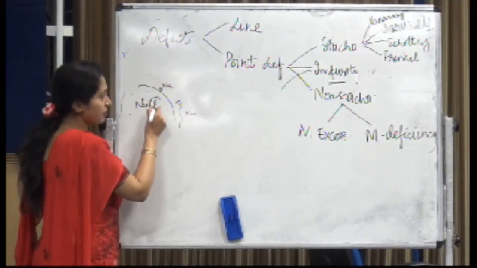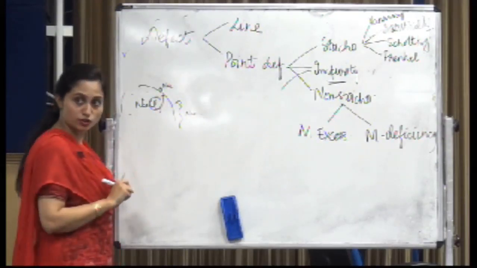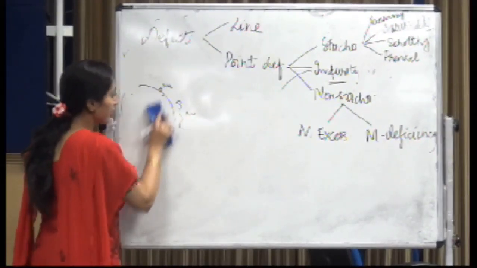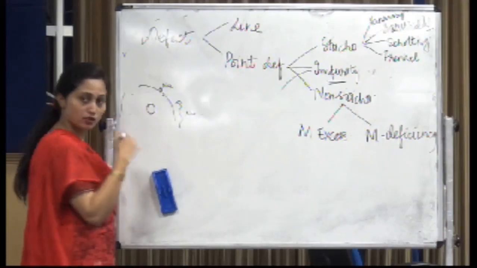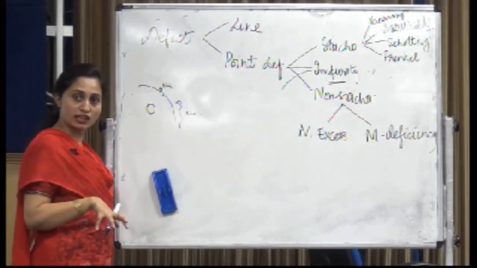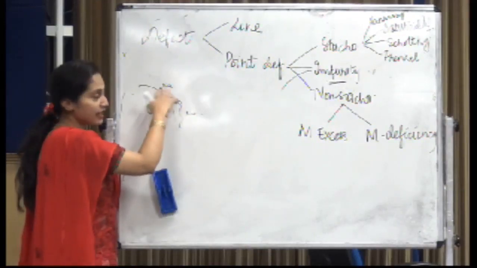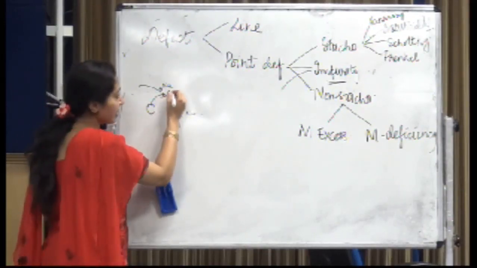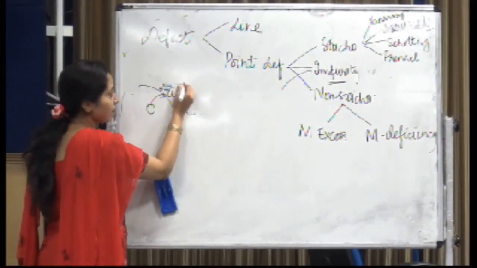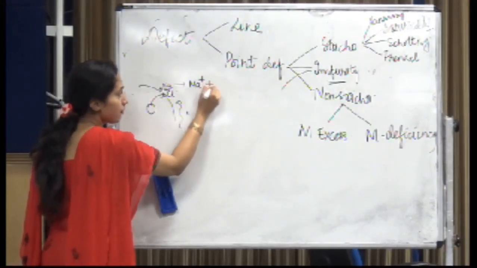Some Cl- will get attracted to this Na which has come on top. They will lose their normal position, leave their Cl- seat and go to the surface to form NaCl with this. So if Cl- comes here, this will become Na+ and an electron.